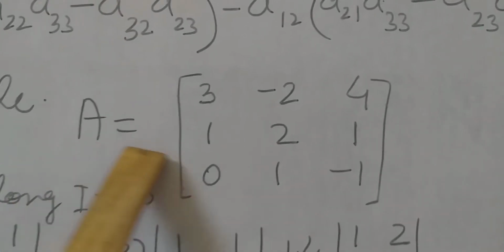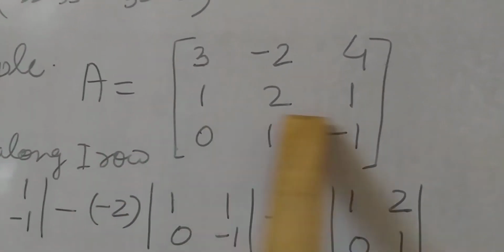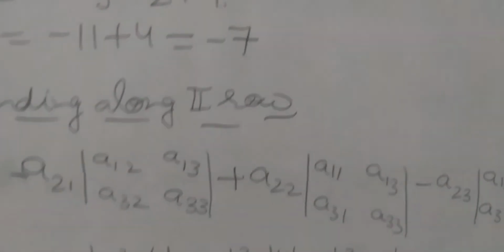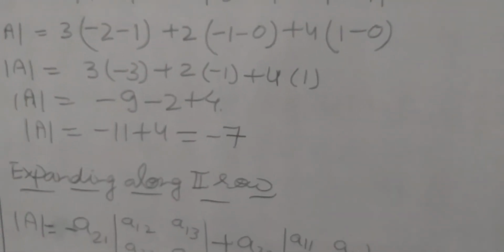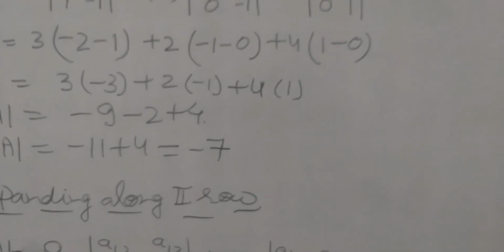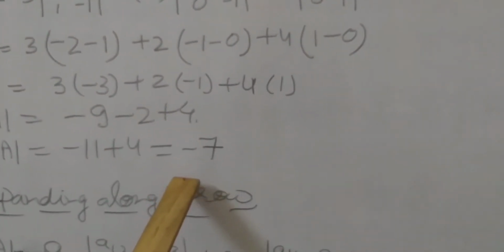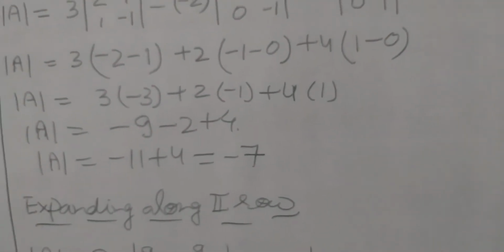Student, we can find out its determinant by expanding it along the second row. Okay, so I am going to expand it along the second row also, students, so that you can easily understand. The same answer will be there, student. Expanding along the second row.